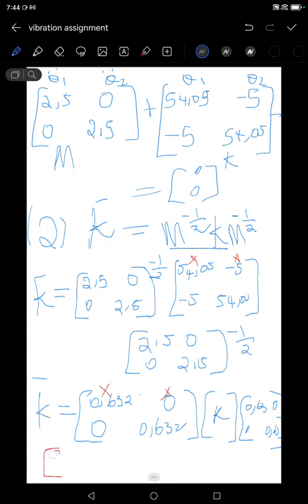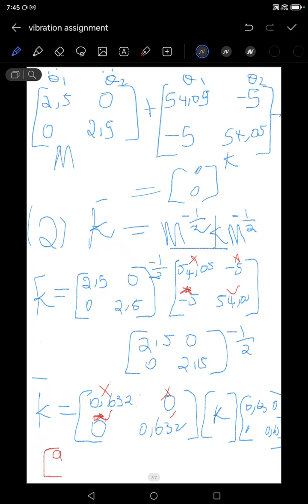Let's say it's going to be our value a. After determining that, we're going to say this 0 multiplied by negative 5, plus 0.632 multiplied by 54. So it's going to be this multiplied by this, and then this multiplied by this.